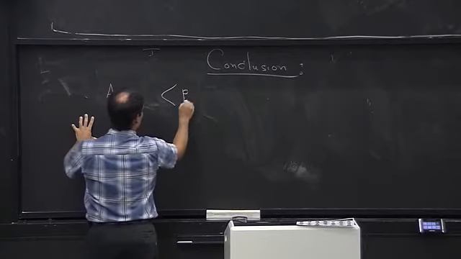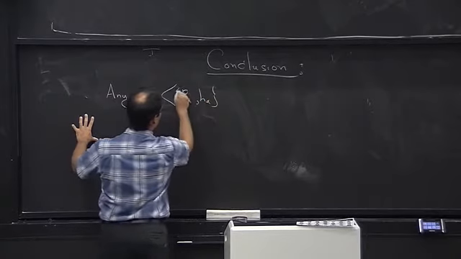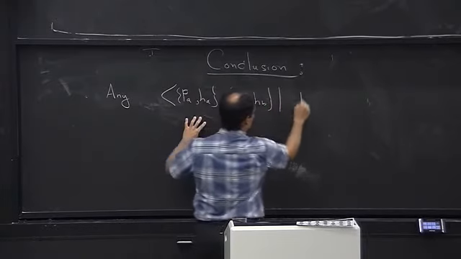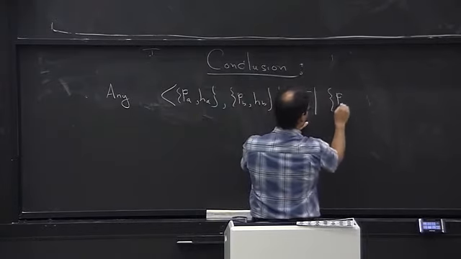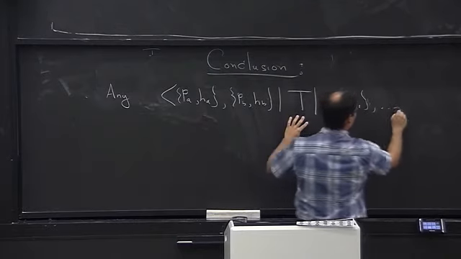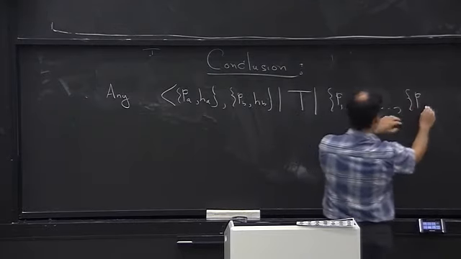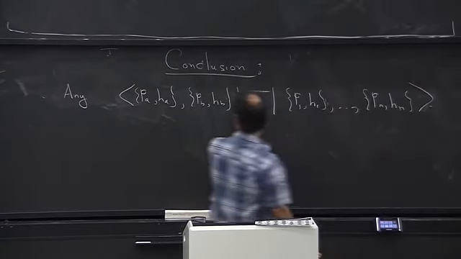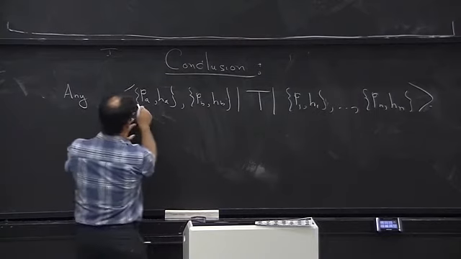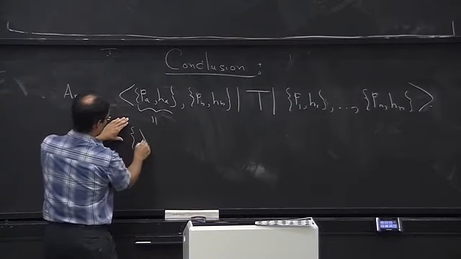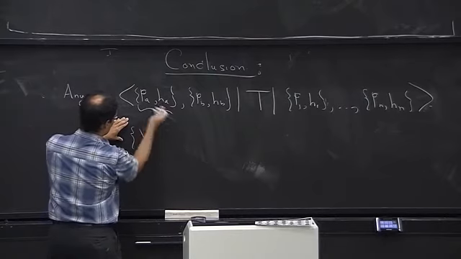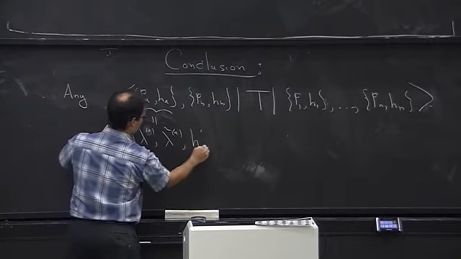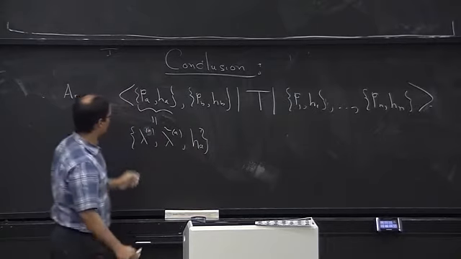Any PA, HA, PB, HB. In fact, I wrote it like that, but I should have written lambda of PA or lambda A for each one of them, okay?